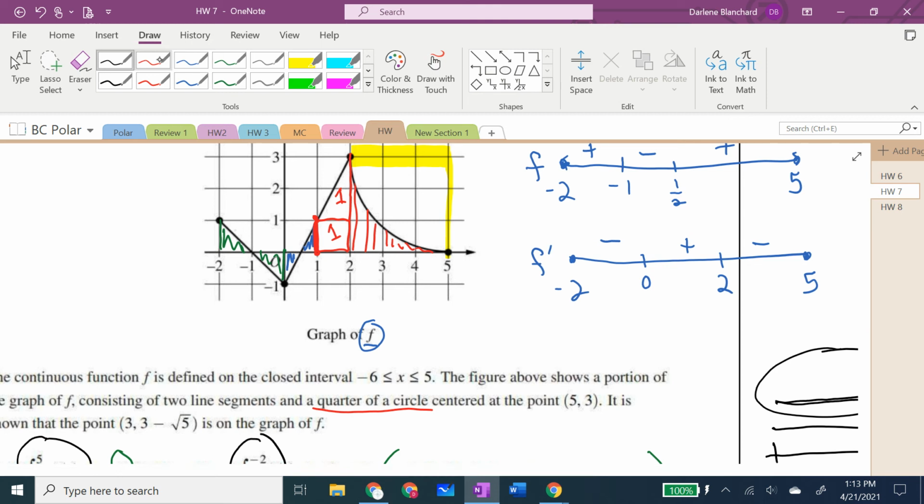And I'm going to use the fact that I know the area of a circle. It's a quarter. Oh, wait, I'm subtracting the circle. I need to be careful here. I'm going to take the area of this square. The area of that square is 9.